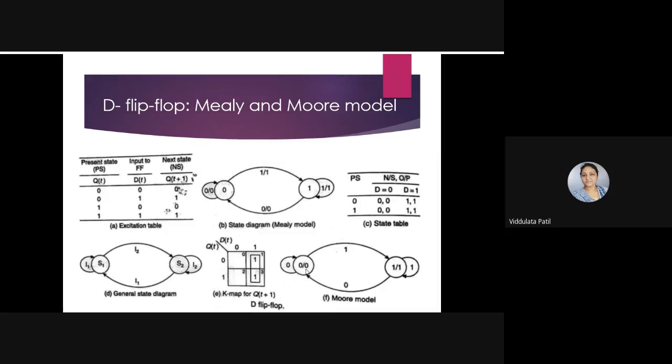Okay, so in this way we can represent any application in terms of Mealy machine or Moore machine. Okay, so we are going to discuss about this all in detail. We are going to discuss some applications, that is a sequence detector, then coffee vending machine, traffic light controller in the next lectures. Okay, so for today we will stop here.